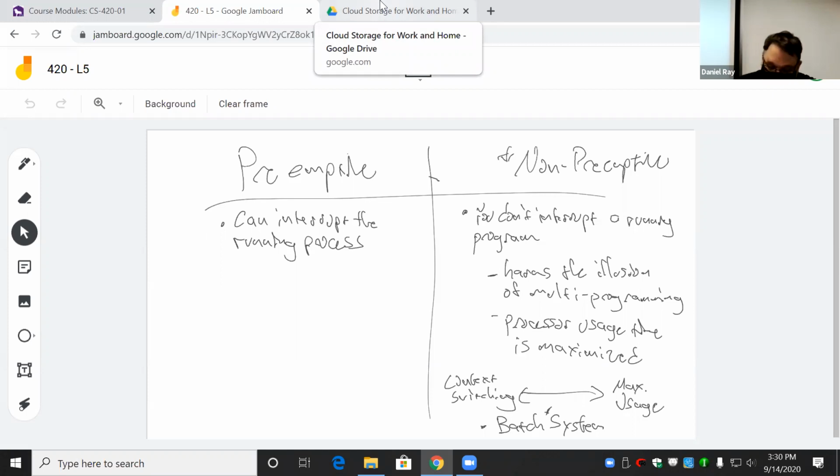The drawback is, of course, that unless we're careful, without careful scheduling, we're going to waste time context switching.